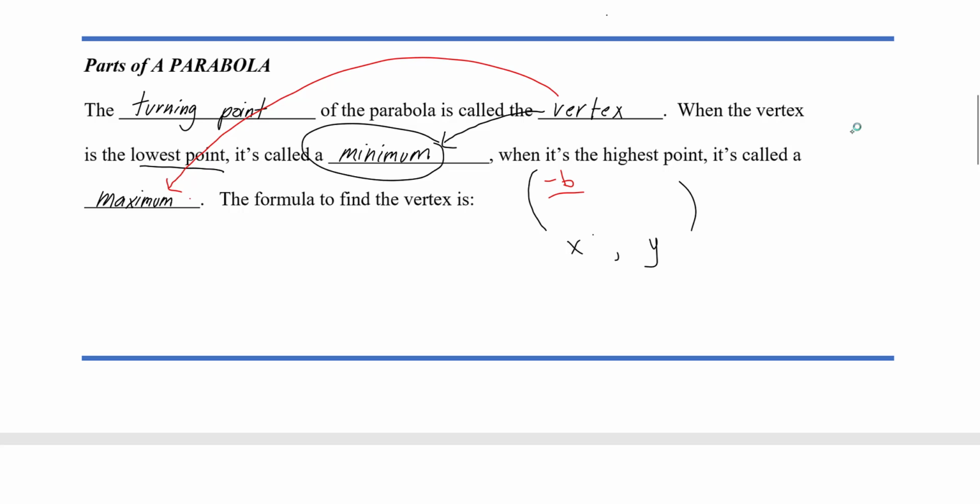Of course, we know b and a come from the standard form of the equation. To get the y coordinate of the vertex, you're going to take negative b over 2a and substitute it into the original equation. So it's referred to as f of negative b over 2a.